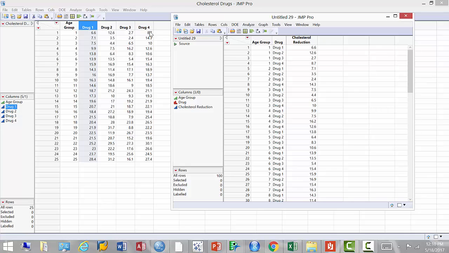My age group, 1 through 25, and my drug. So this is my factor A, drug, and this is my factor B, age and weight group. And these are just measurements that were stacked together and positioned according to these labels. So I'm actually prepared to go ahead and study the effects of this thing using 2 factors now.